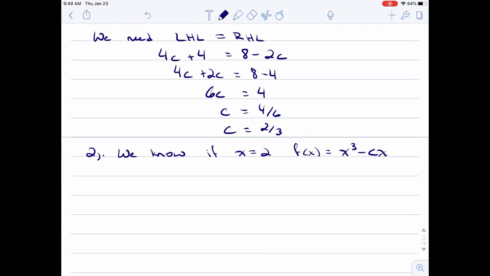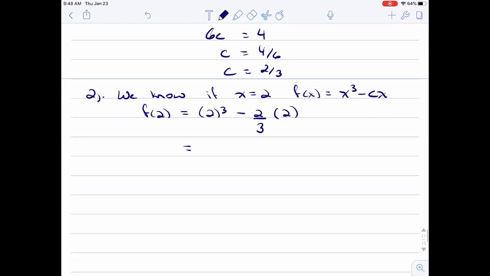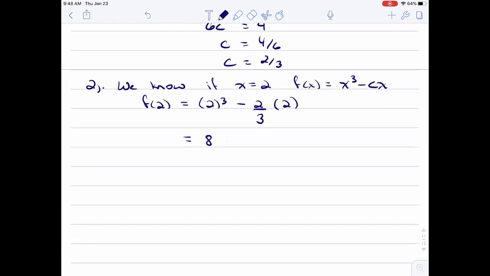So now I've got x equals 2 and c equals 2 over 3. So f of 2 is 2 to the power of 3 minus c, which is 2 over 3 now, times 2. So now I have 8 minus 4 over 3.